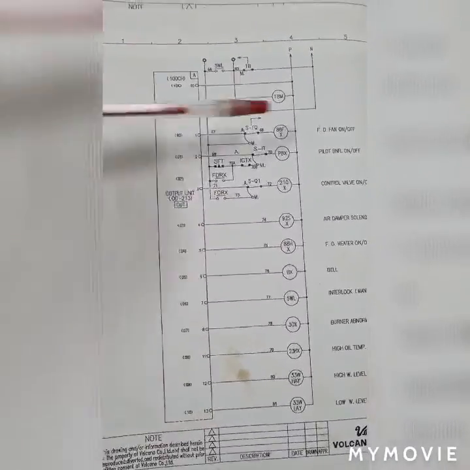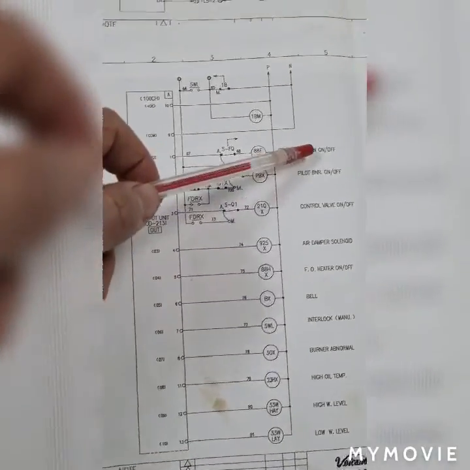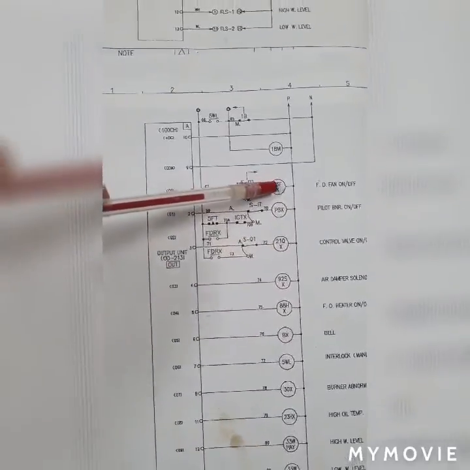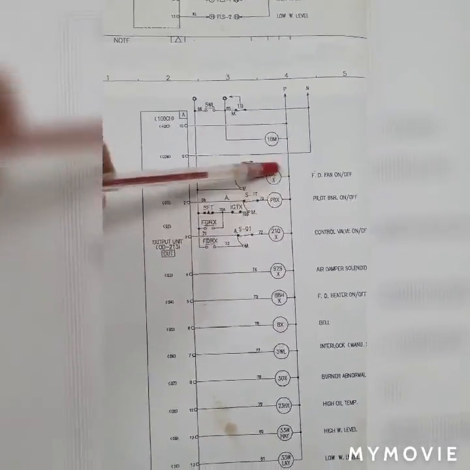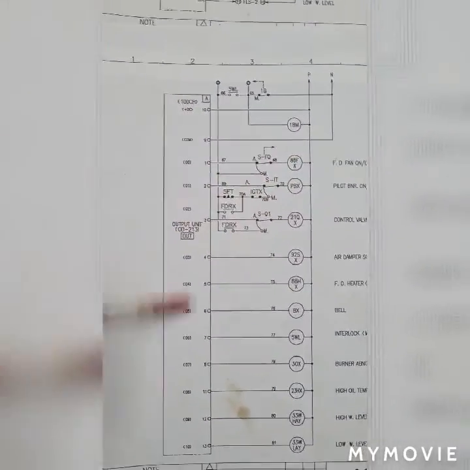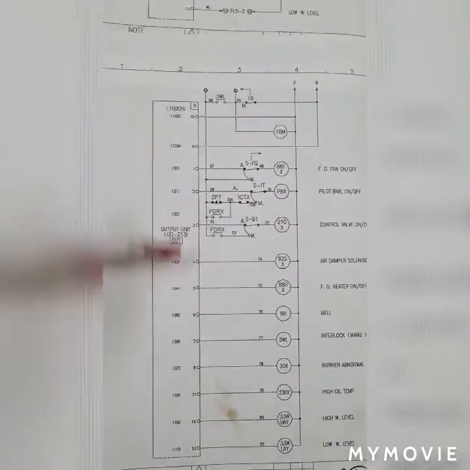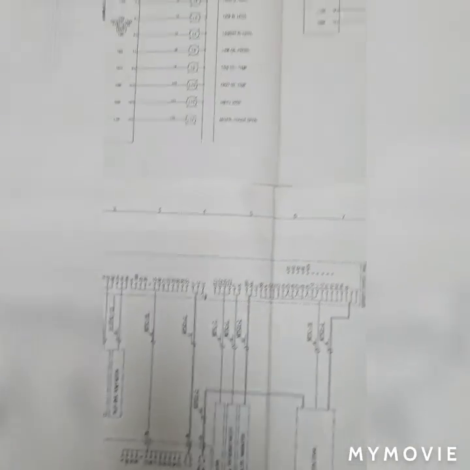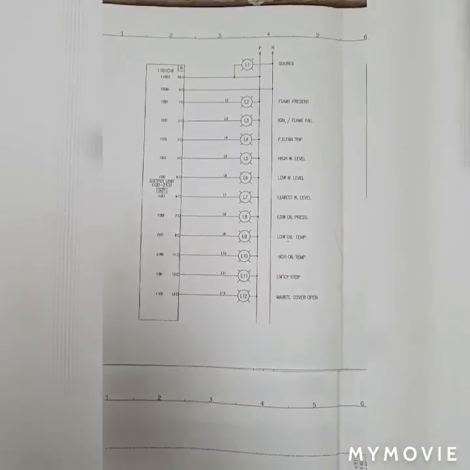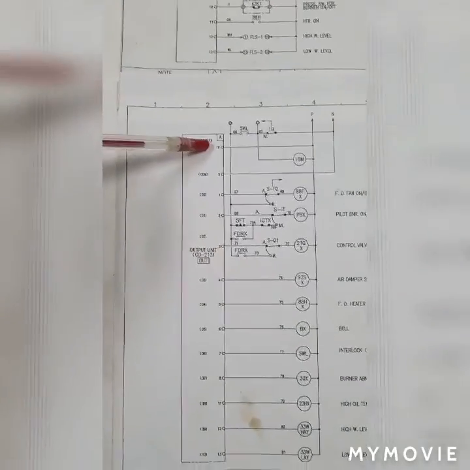But the forced draft fan is still running, and this PLC module will count about 10 seconds, accomplished within 60 seconds or 10 minutes.